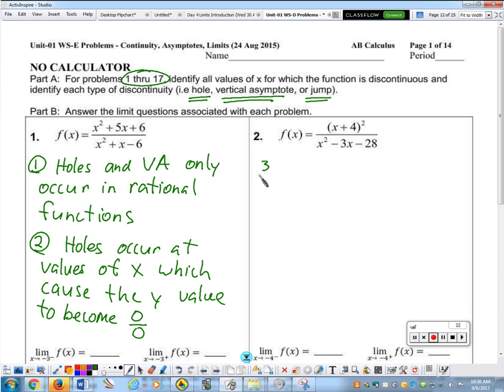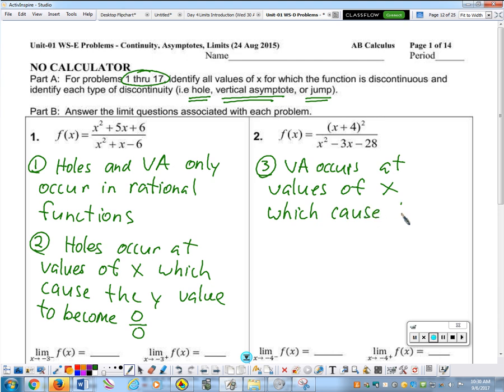Number 3, a vertical asymptote occurs at values of x which cause the y value to become some number divided by 0.